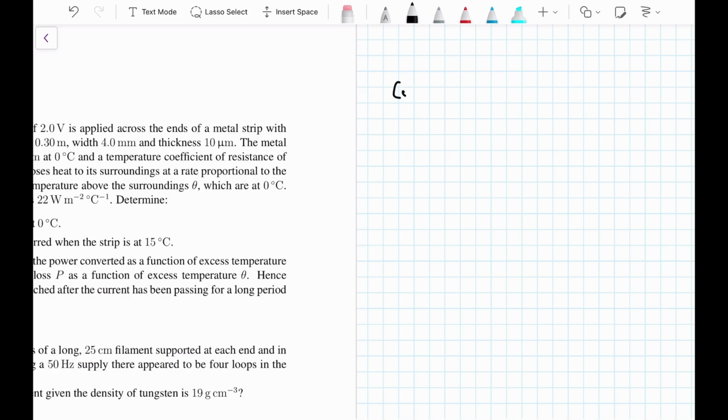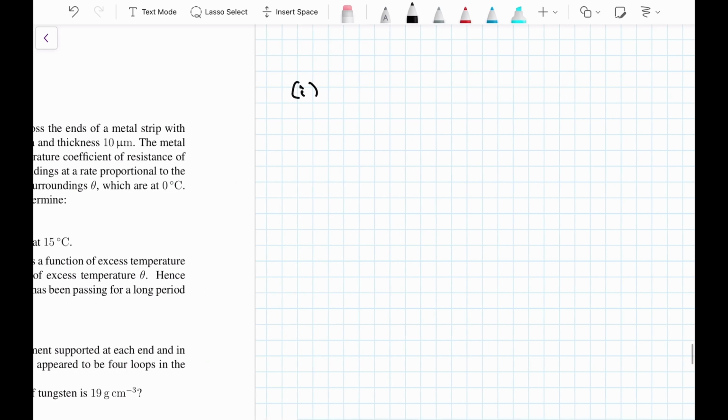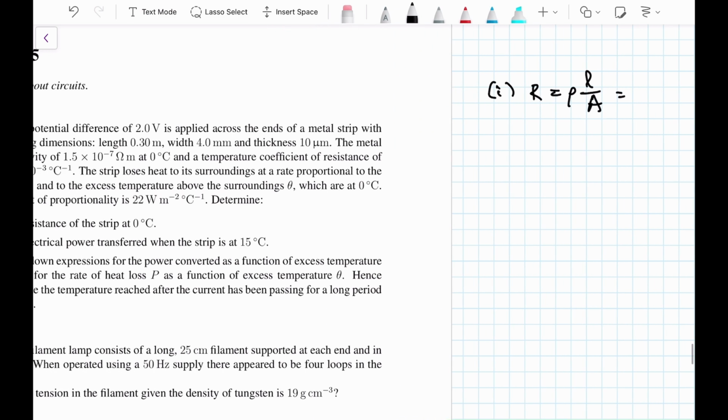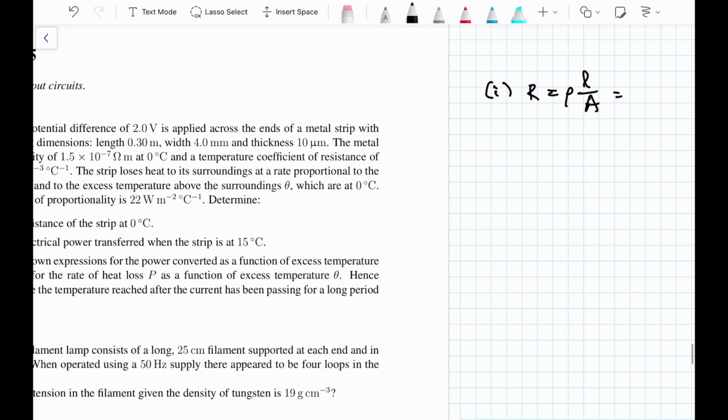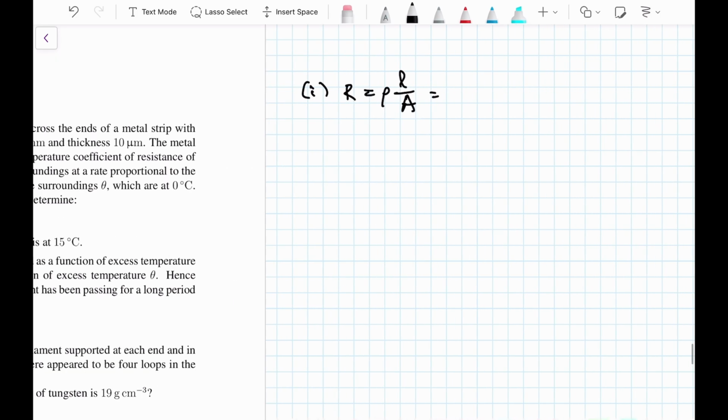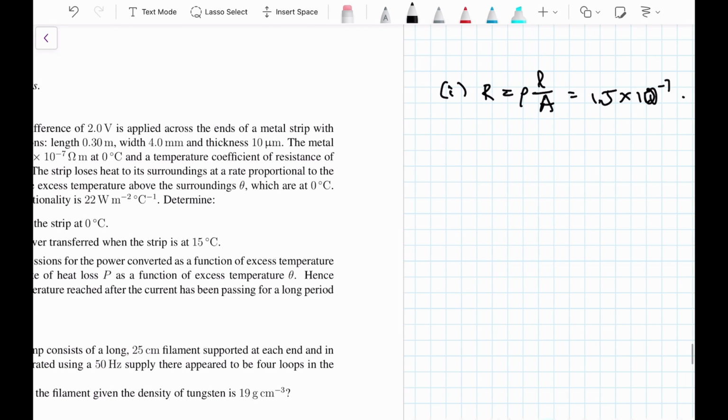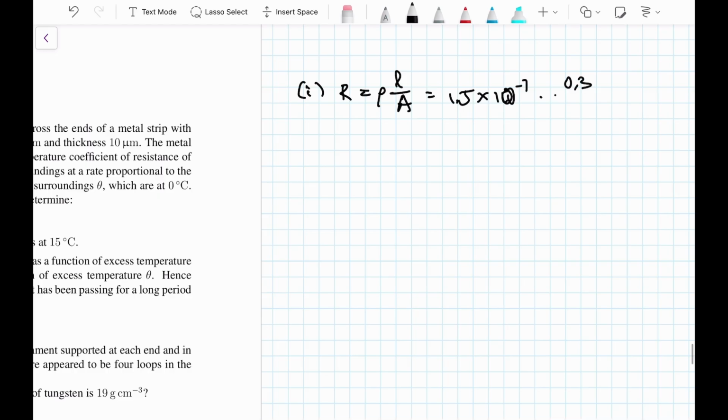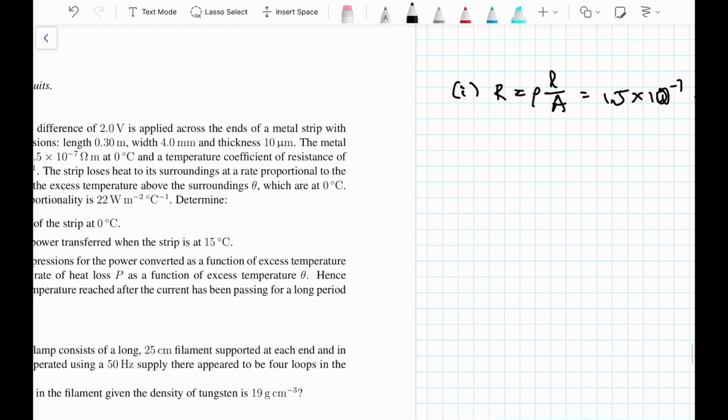So for the first part, we should start off with the resistance equal to the resistivity multiplied by L over A. And that should be equal to 1.5 times 10 to the minus 7 multiplied by the length, which is 0.3 meters, over the total area.